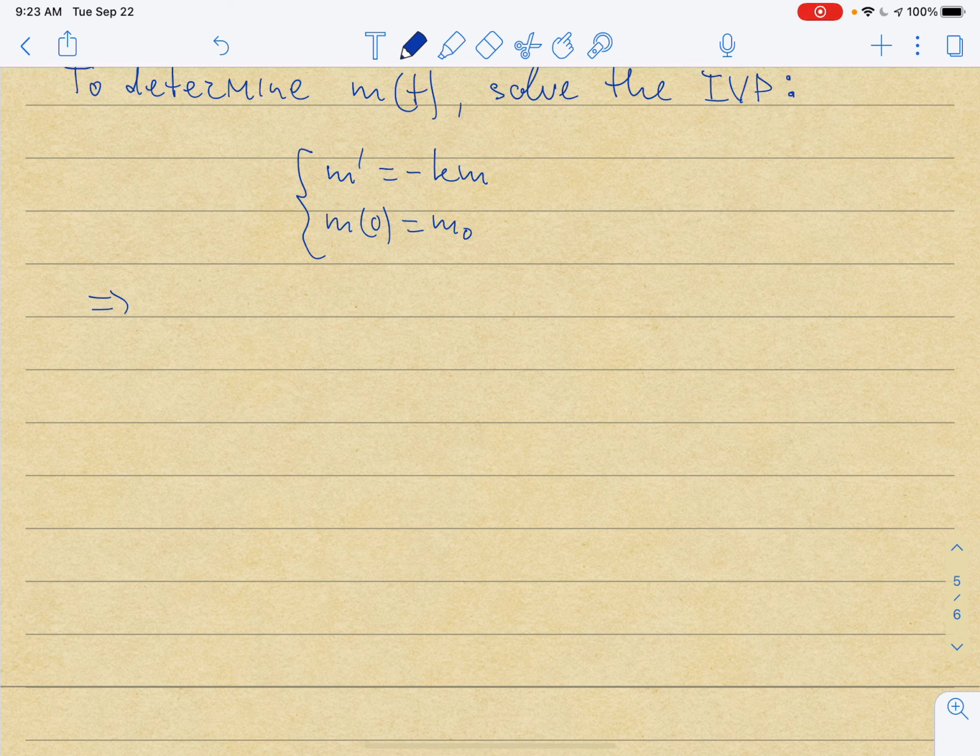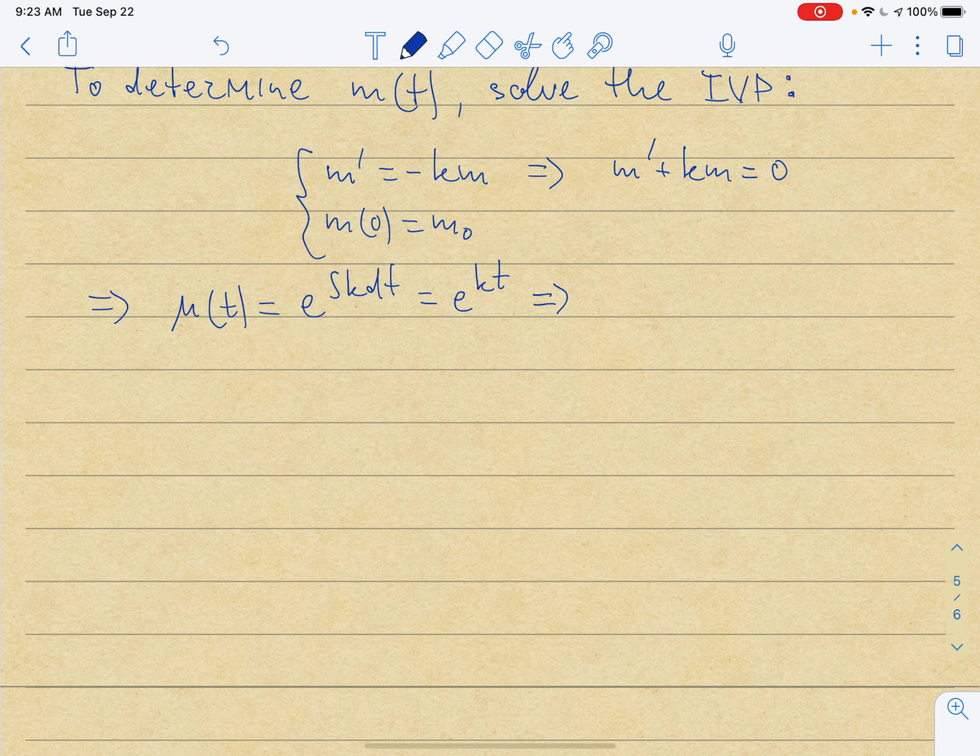So then I can find the integrating factor, mu of t, which is going to be, well, first of all, let's rewrite the equation in the standard form. m prime plus km equal 0. So k is your p of x in the linear equation. So mu of t is e to the power integral k dt. So this is e to the k t.